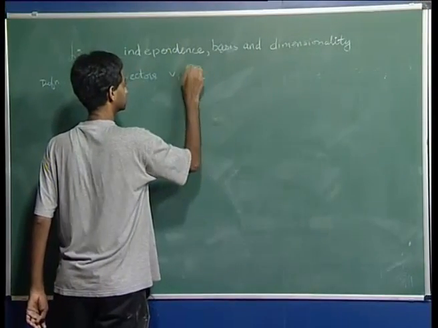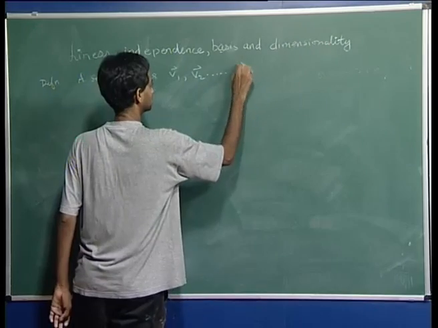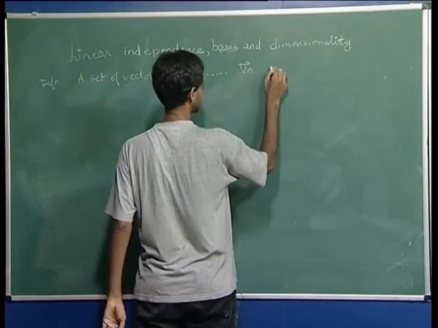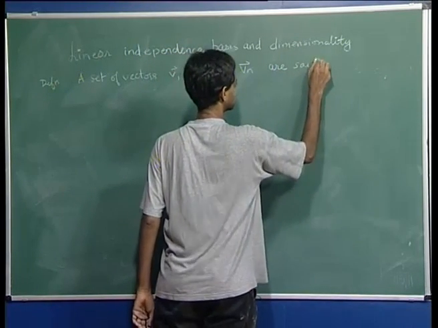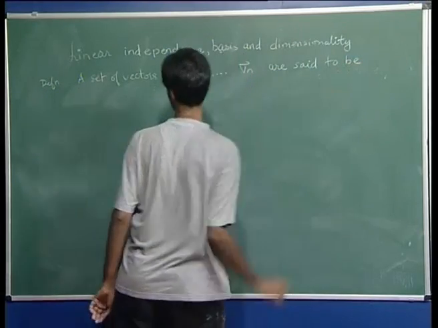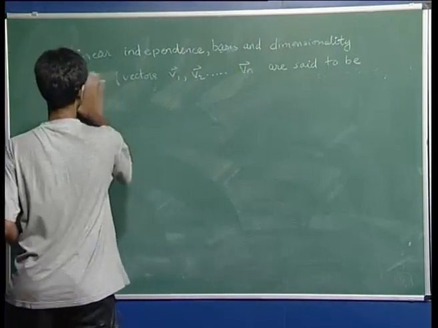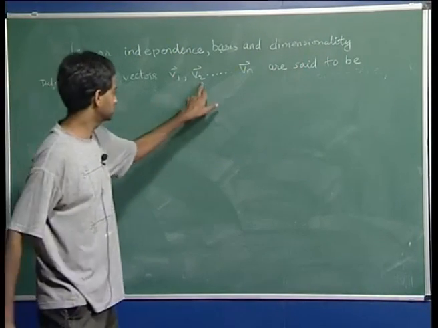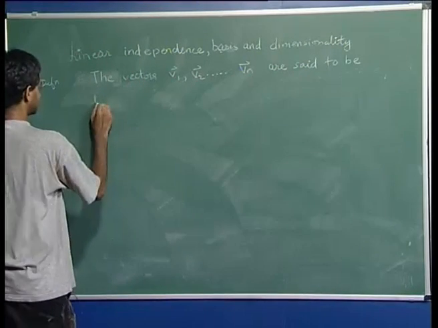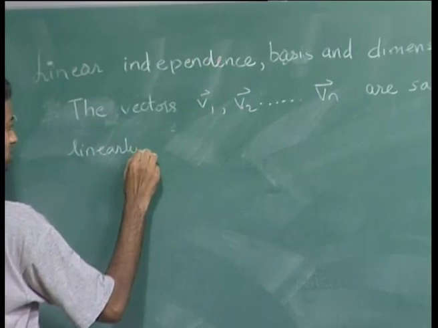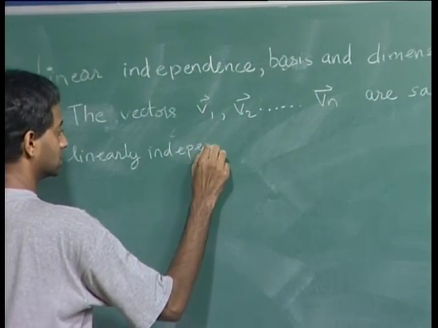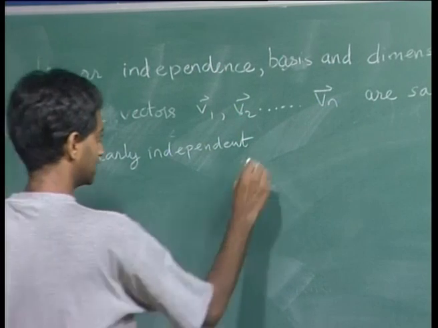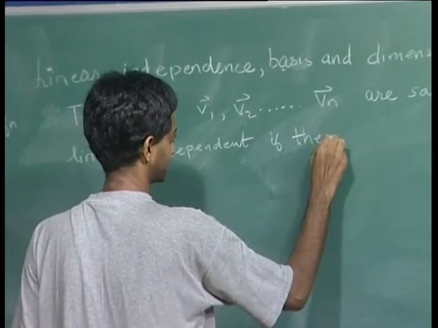The vectors v1, v2 up to vn are said to be linearly independent if they satisfy the following condition.